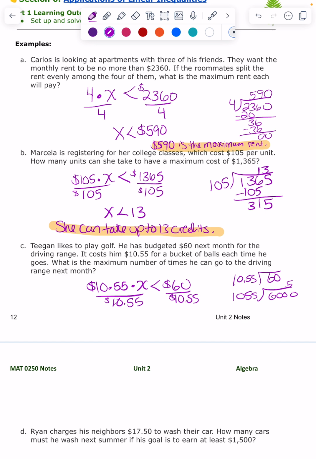All right, so it goes in 5 times, and you would get 5,275 with that. All right, so if you subtract those, we're going to get a decimal, right? Because we've already gone all the way we can.